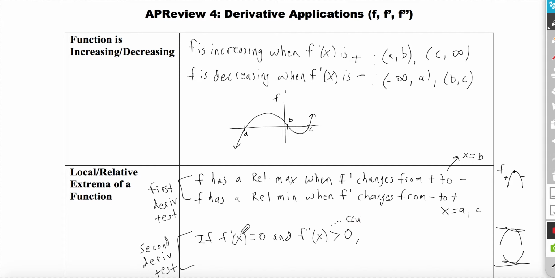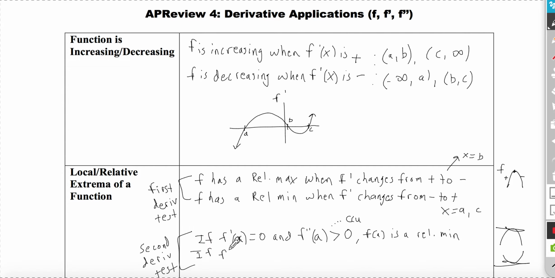So I should say, let's make this more specific, if f prime of a equals 0, and f double prime of a, the second derivative at that spot, is positive, that means our curve is concave up, which means we have a critical point, and our graph is concave up. That means f of a is a relative minimum.